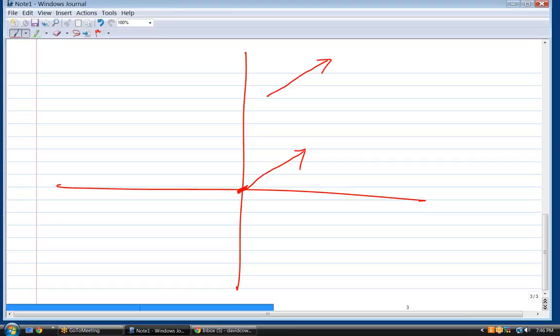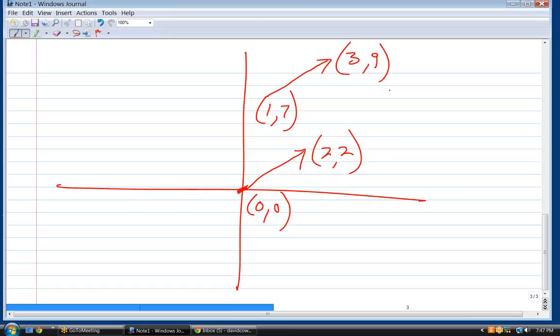So if this vector goes to that point there, from 0, 0 to 2, comma 2, that's the same thing as this vector going from 1, comma 7 to 3, comma 9.